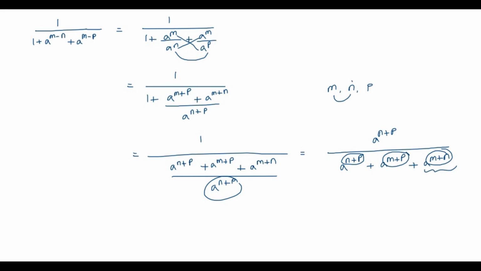The addition of n and p is the exponent in the first term, and the addition of m and p is the exponent in the middle term. So even when I simplify the remaining two fractions, I'll get the same denominator that I have here. Only the order of the terms will be different. That's not a problem because all three terms are in addition. So when I simplify the remaining two fractions, I don't have to worry about the denominator.